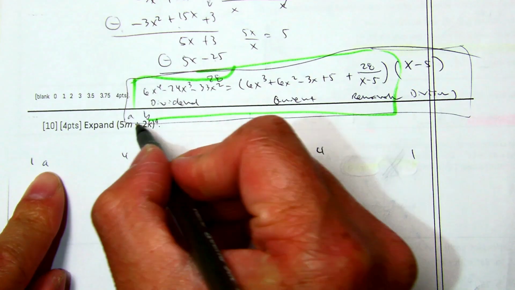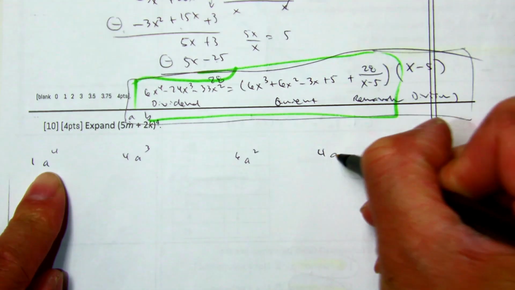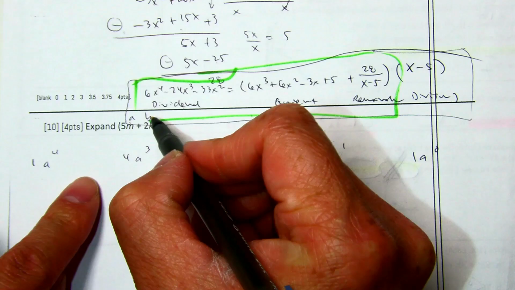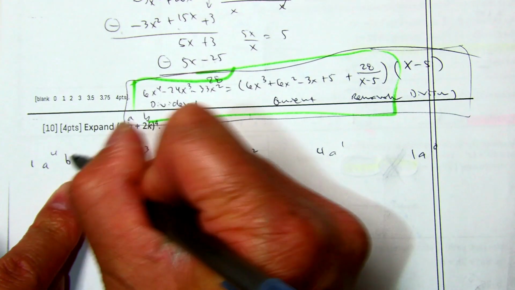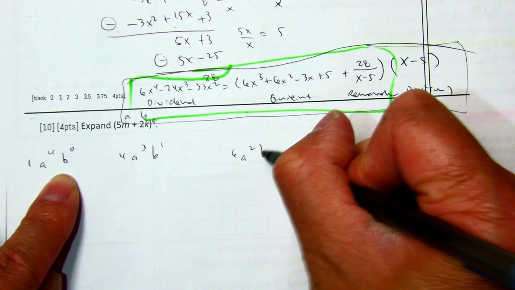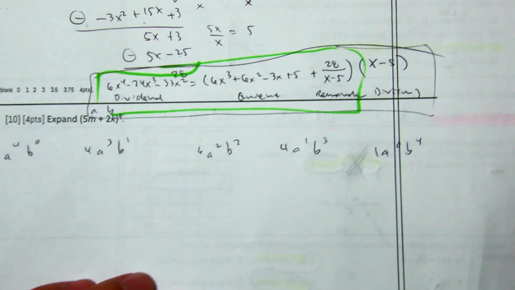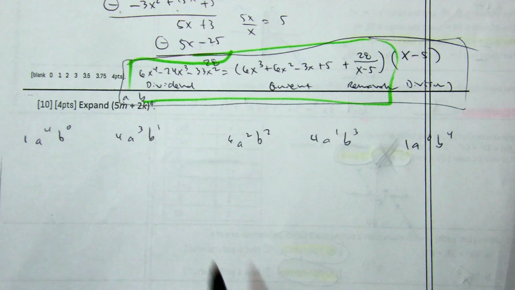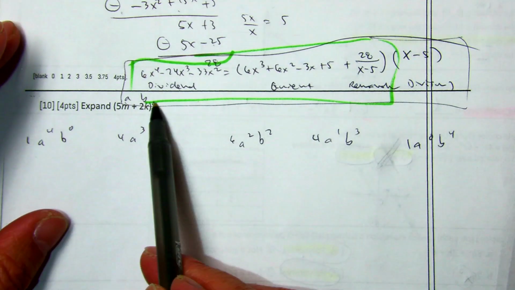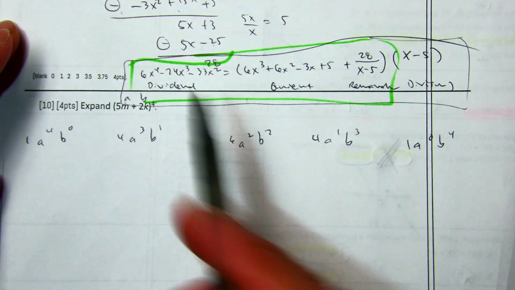So count down, A^4, A^3, A^2, A^1, A^0. B values count up from 0 up to 4, B^1, B^2, B^3, B^4. And you know you're doing this correctly when you add those together and it equals the exponent.